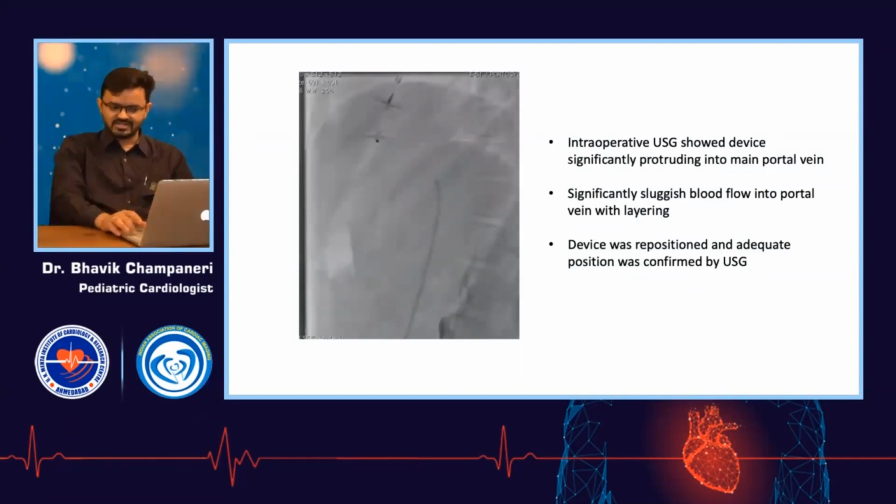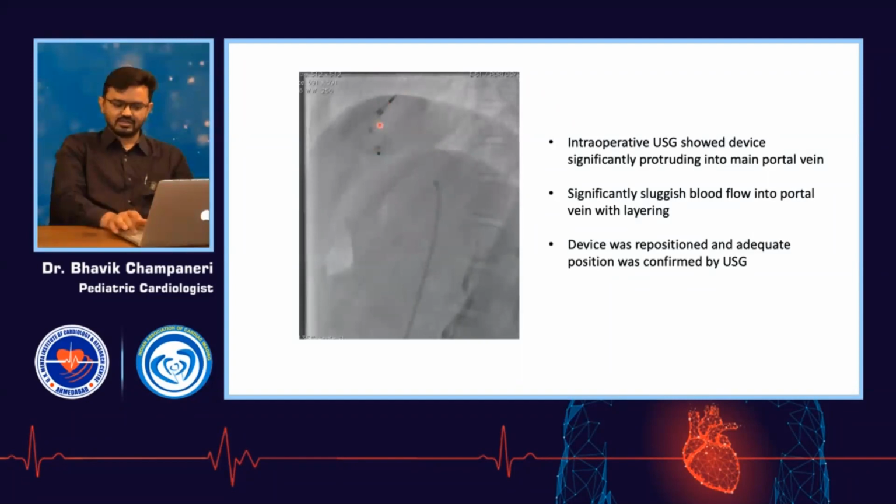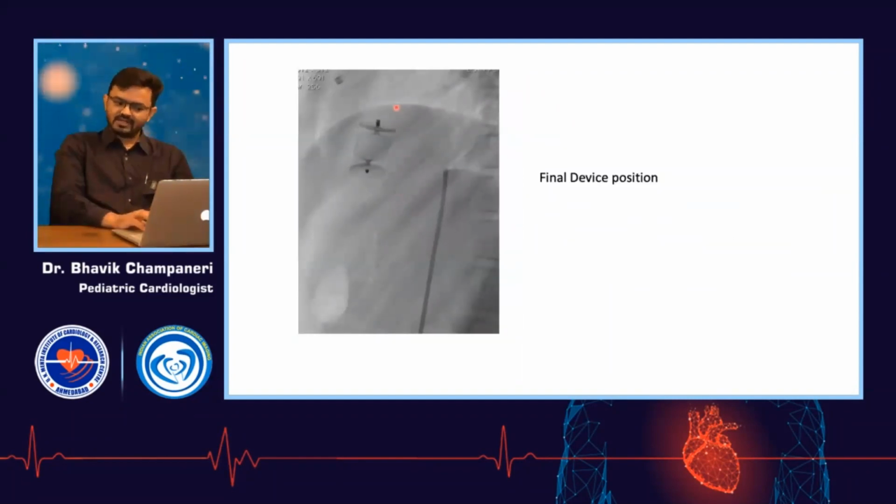So the device was captured and repositioned to attain a proper position. After attaining proper position, sonography was repeated, and after better hemodynamics in the portal vein, we were sure that we are not protruding into the portal vein. We released the device. This is how it was looking after the device was released.